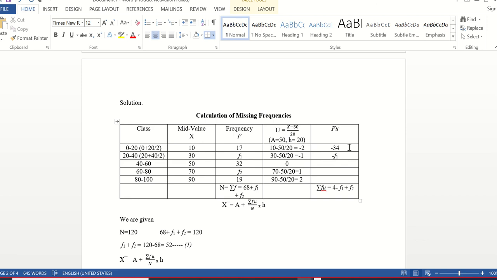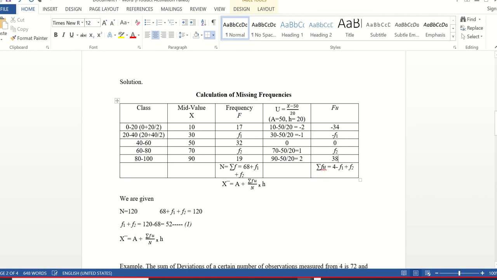Then 32 into 0 is 0, F2 into 1 is F2, then 19 into 2 is 38. We have also mentioned the total summation of FU: minus 34 plus 38 is plus 4, minus F1 and plus F2. So this is how we have calculated summation of FU.